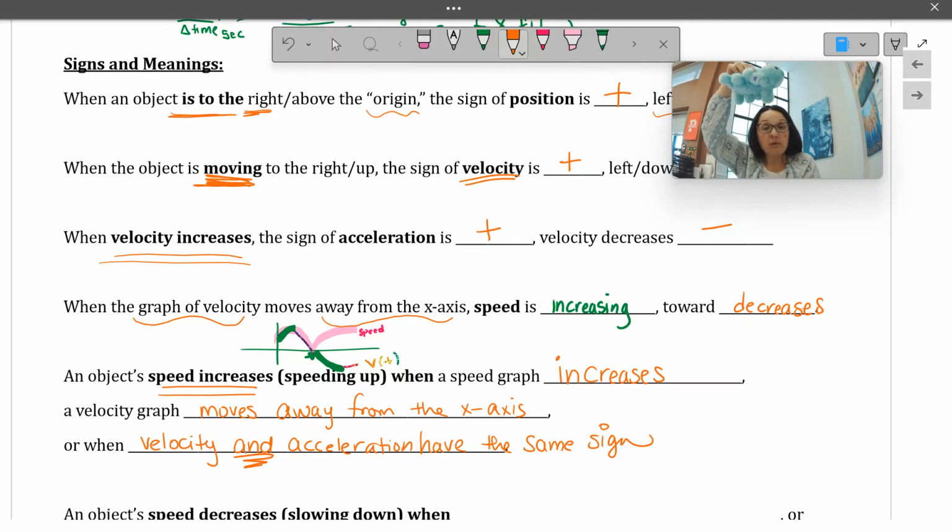If you know anything about physics, gravity is a negative acceleration, negative 9.8 meters per second squared or negative 32 feet per second squared. So when Travis has negative velocity and is being affected by the negative acceleration of gravity, that's why his speed increases. So you can speed up when you have negative velocity and it gets more negative, or if you have positive velocity and it gets more positive.